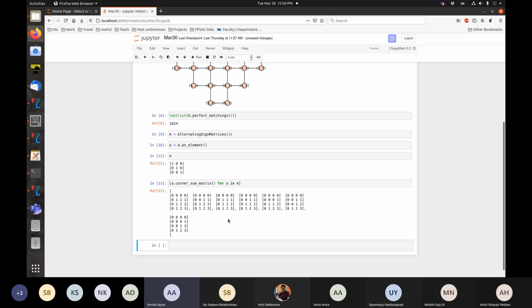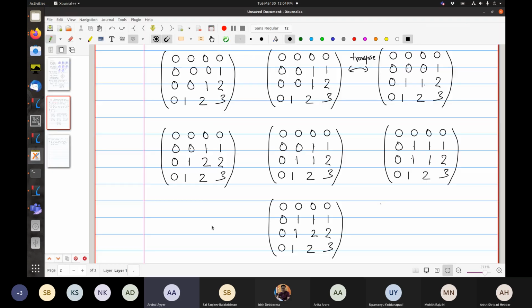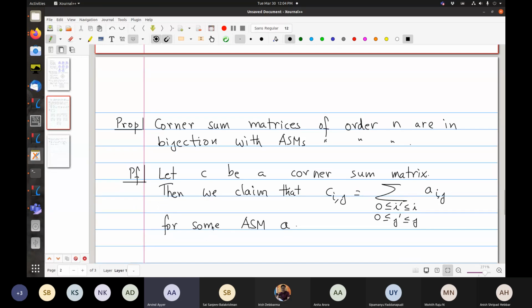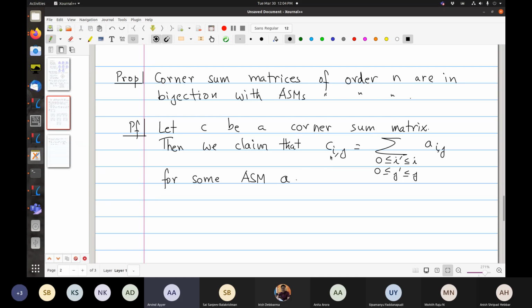So we see all of these, and to complete the proof, if you have a corner sum matrix that satisfies all these conditions, you have to construct the inverse map, and that should give you an ASM.